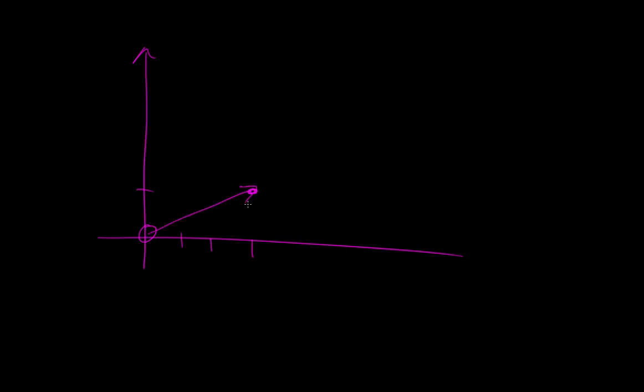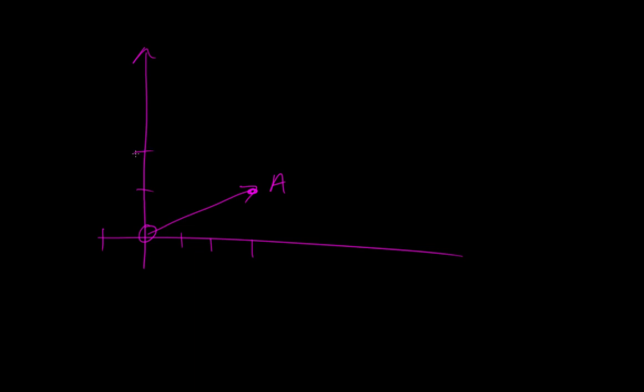Okay, now we're given a graph. It starts at the origin, goes 1, 2, 3, 1, and that's called A. Then we're back here at -1.